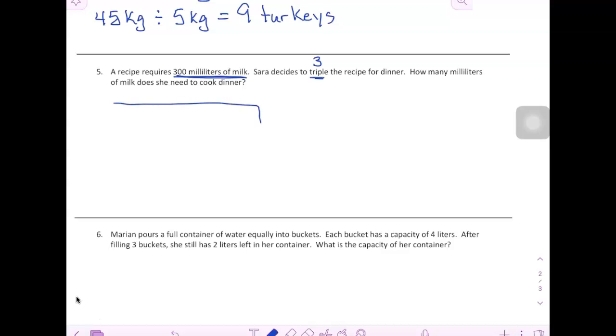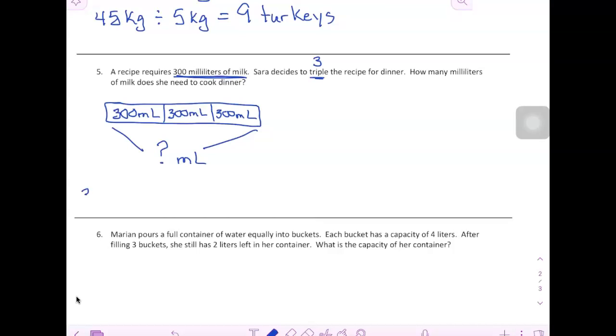So I'm going to model my problem, and I have 300 milliliters for each time I make it. So I'm tripling it. I'm making it 3 times. So I have 300 milliliters, 300 more, and 300 more. So what we want to know is how many total milliliters of milk do I need?